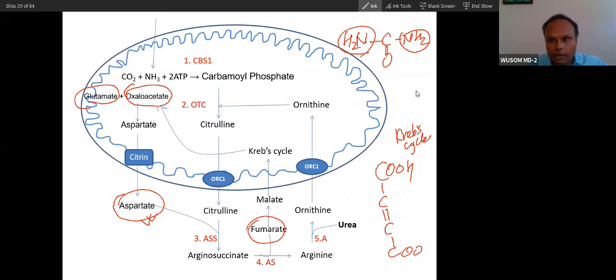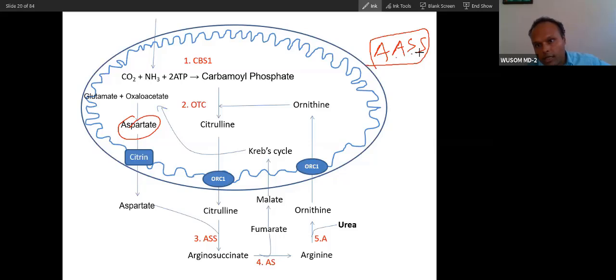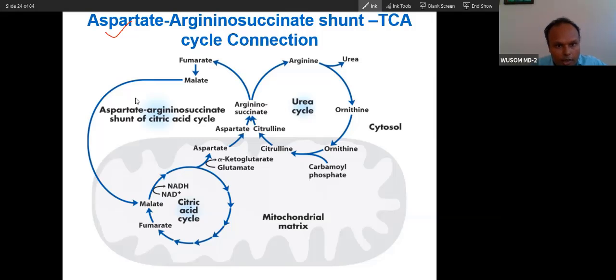This is a supply shunt, because aspartate is going in and arginosuccinate is releasing this. So aspartate arginosuccinate shunt, AAS shunt. That is a good thing. So you have understood this very mechanism.